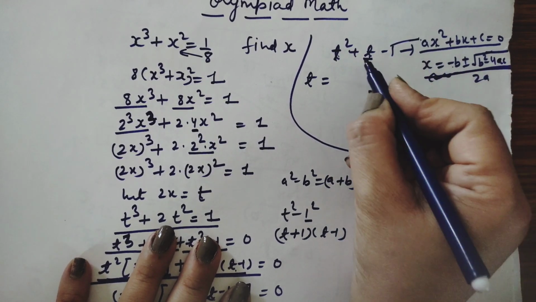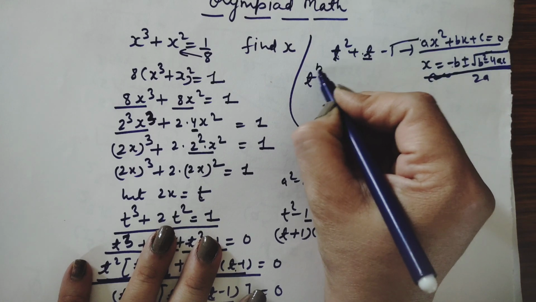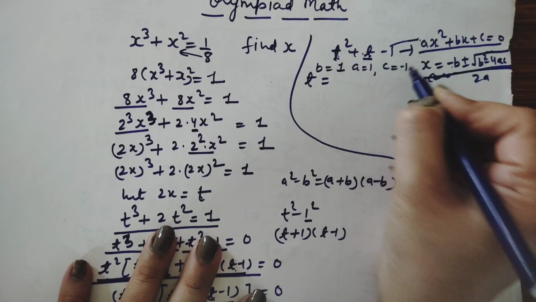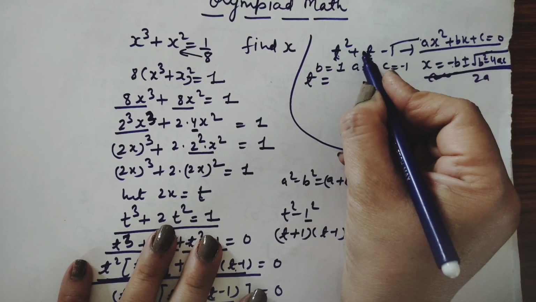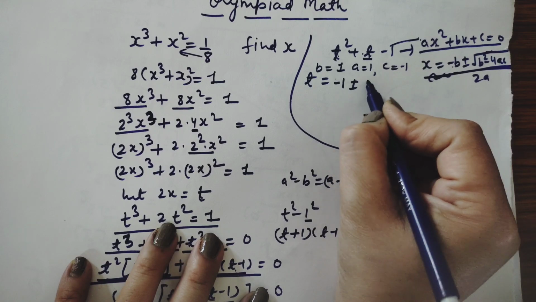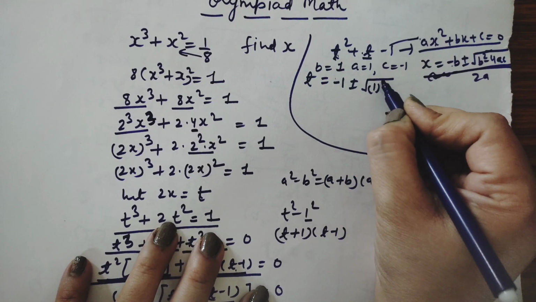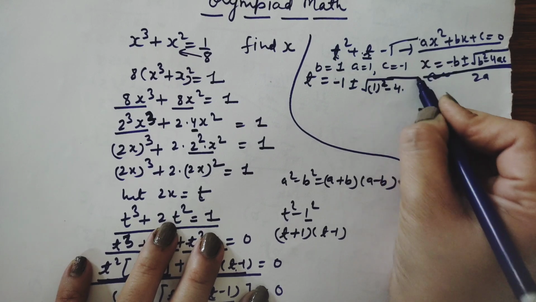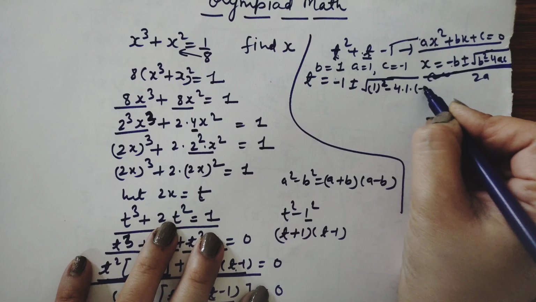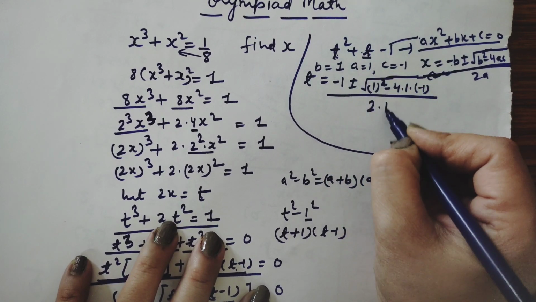What is minus b? The coefficient of t is b, so b is 1, a is 1 and c is minus 1. So minus b is minus 1, plus or minus the square root of b², which is 1², minus 4 times a, which is 1, times c, which is minus 1, upon 2a, which is 2.